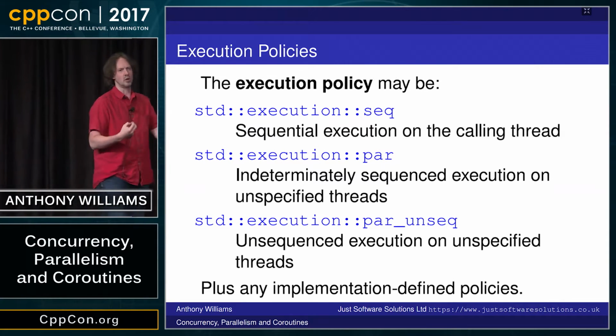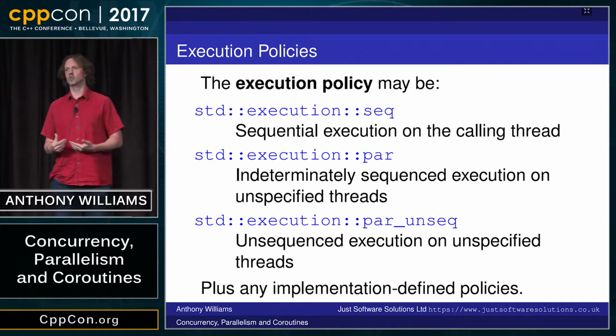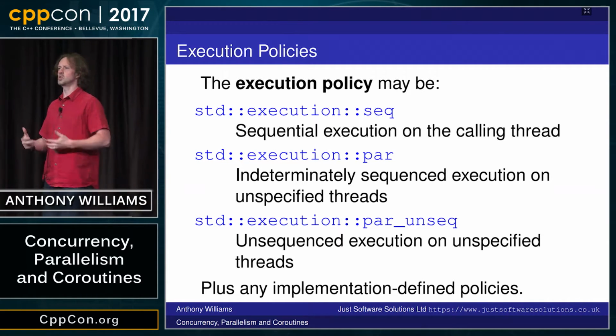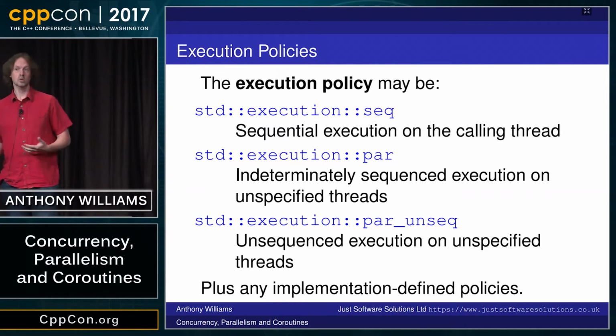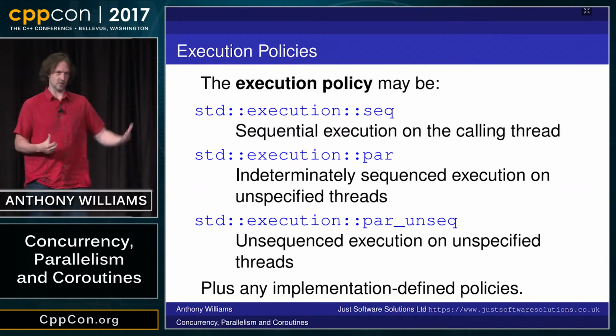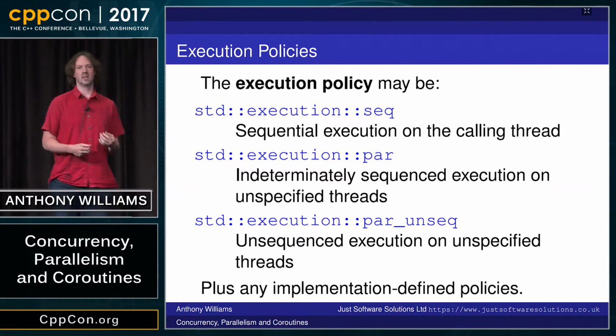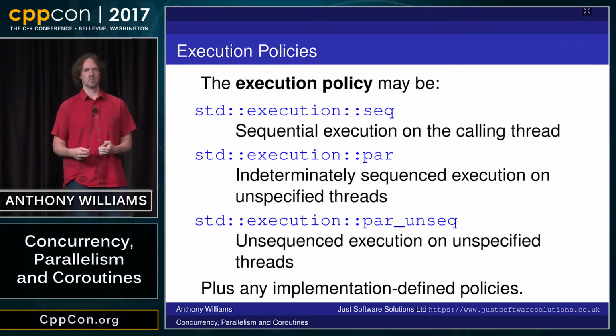But it's not just those vectorization instructions. It's generally unsequenced. So if you're pushing things onto the GPU, then the scope for vectorization there is much greater than on a plain CPU.